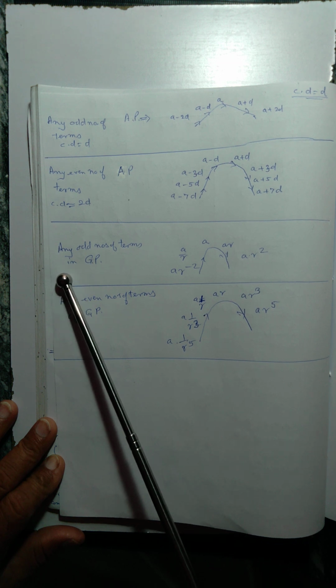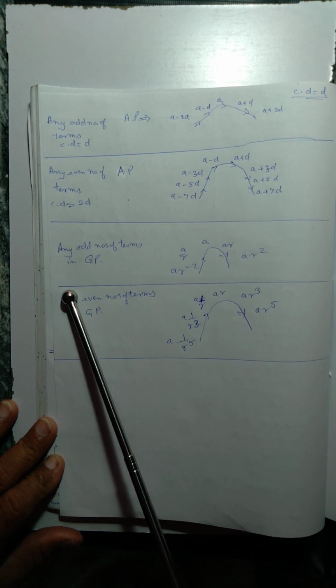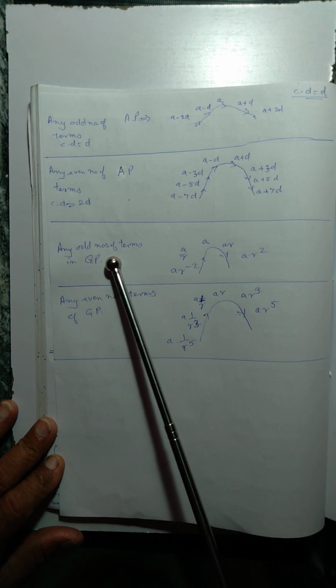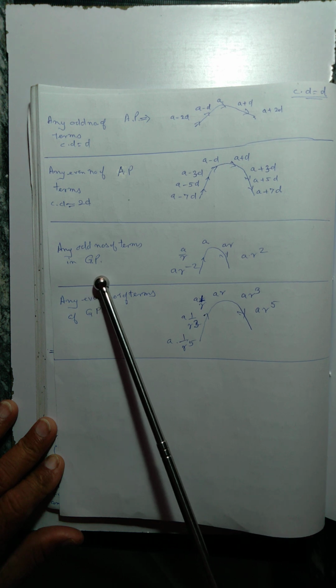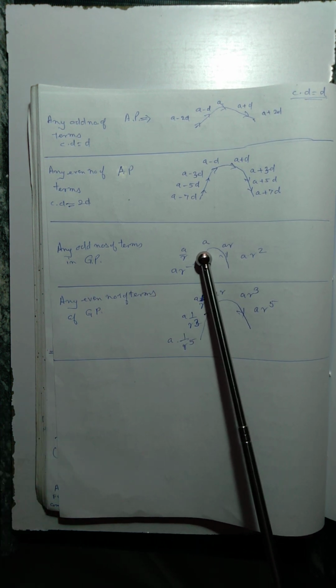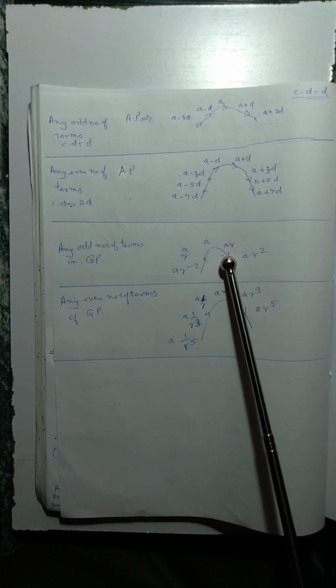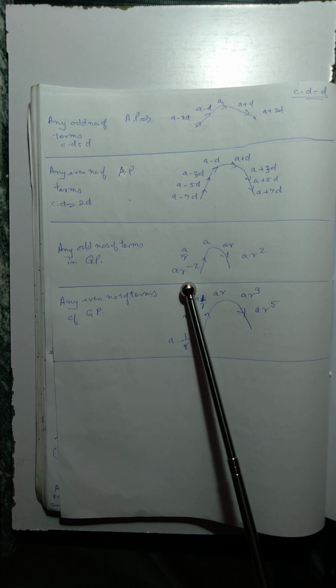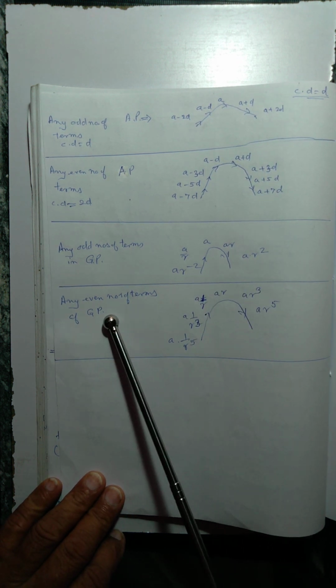Now the same pattern can also be adopted in geometric progression. Suppose there is an odd number of terms, so you take the middle one, that is a. So a upon r, a, ar. a upon r squared, a upon r, a, ar, ar squared.